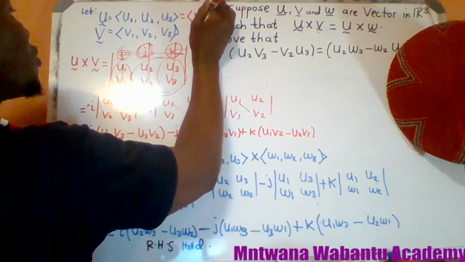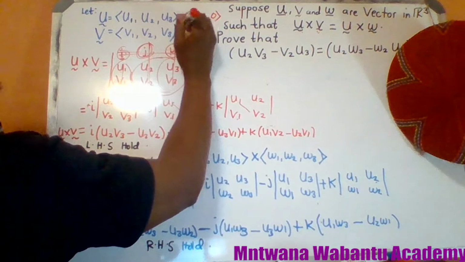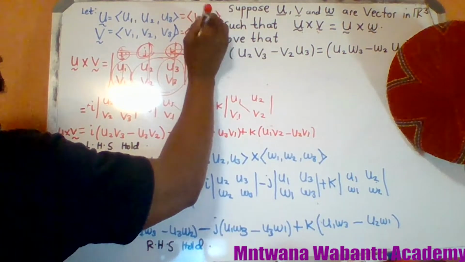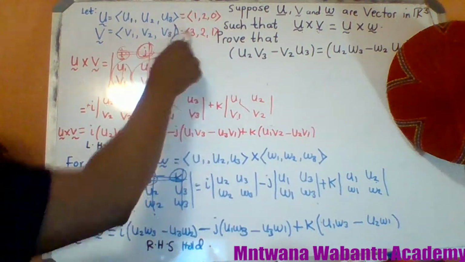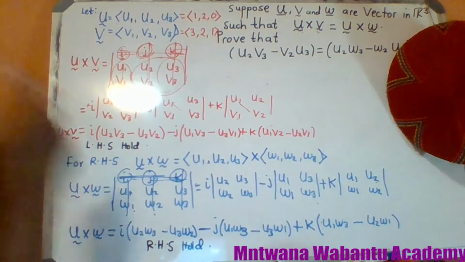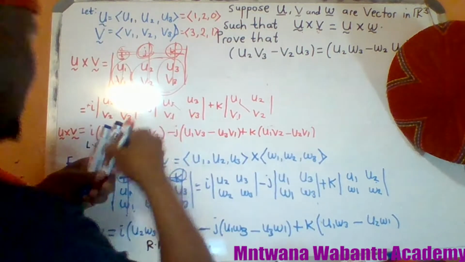Let's assume our vector U equals 1, 2, 0, and vector V equals 3, 2, 1.